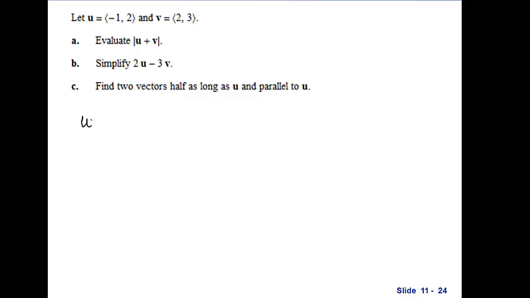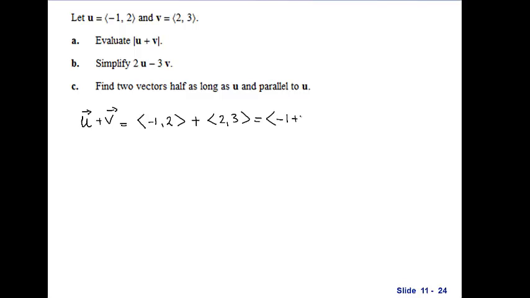The vector u plus v is equal to, well, I'm just going to use the components and add corresponding components. Let me rewrite it first: negative 1, 2, plus 2, 3. Now you can see how it works.